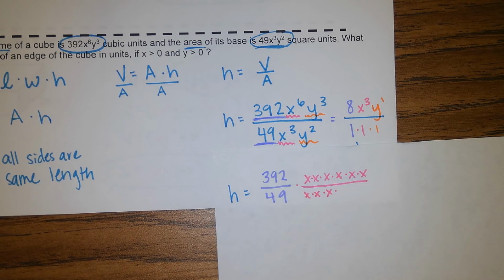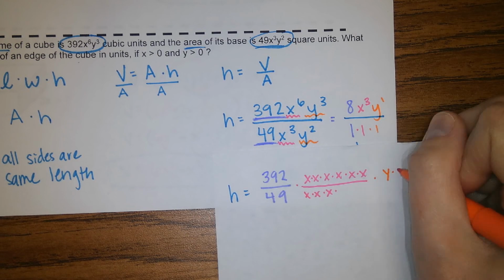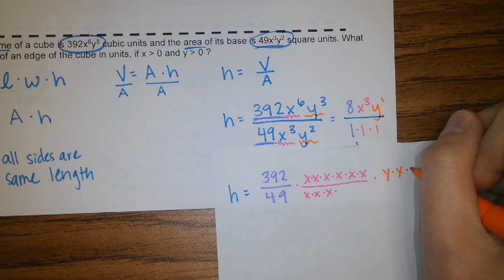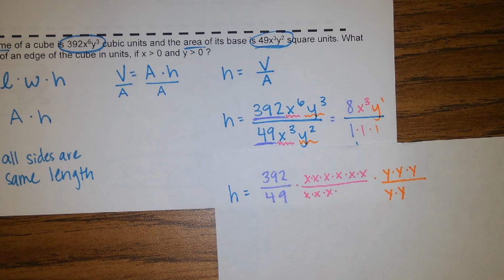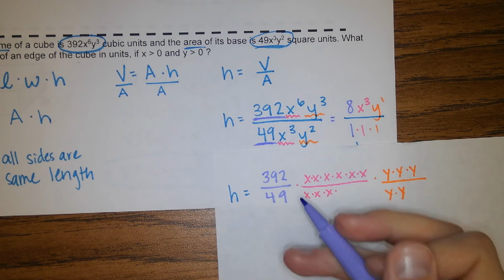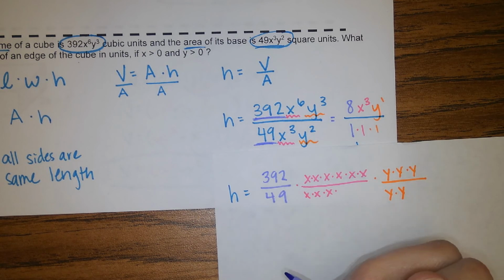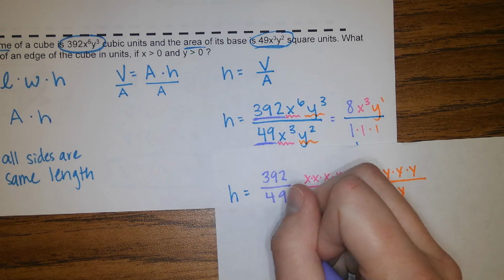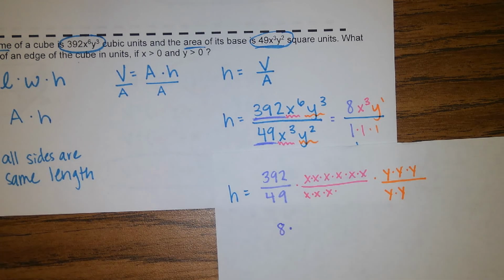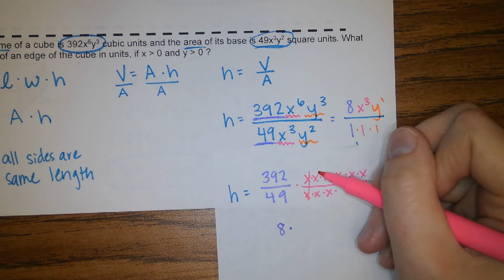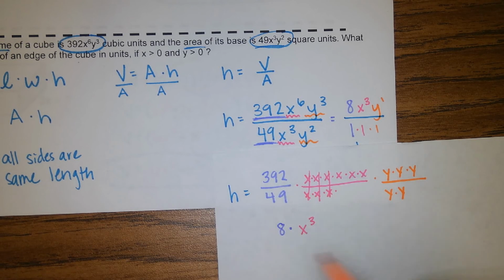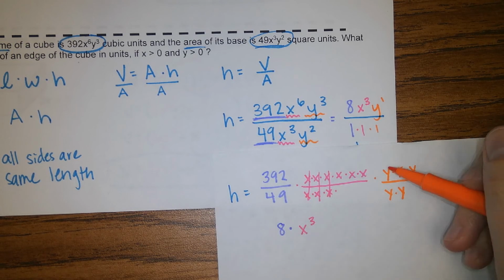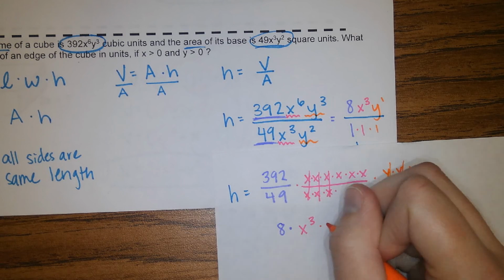And then our last but certainly not least, our y's. We have 3 y's in the numerator and 2 y's in the denominator. And we see that 392 divided by 49 is going to give us 8. And then we cancel our x's out, and we are left with x cubed. And we cancel our y's out, and we are simply just left with y.